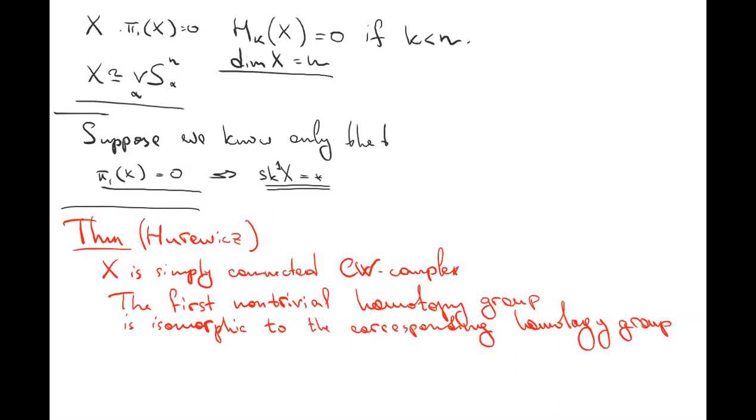Okay, so it means that if you have pi_1 of X equal to ... pi_k of X equal to 0, then pi_{k+1} of X is isomorphic to H_{k+1} of X. Okay?